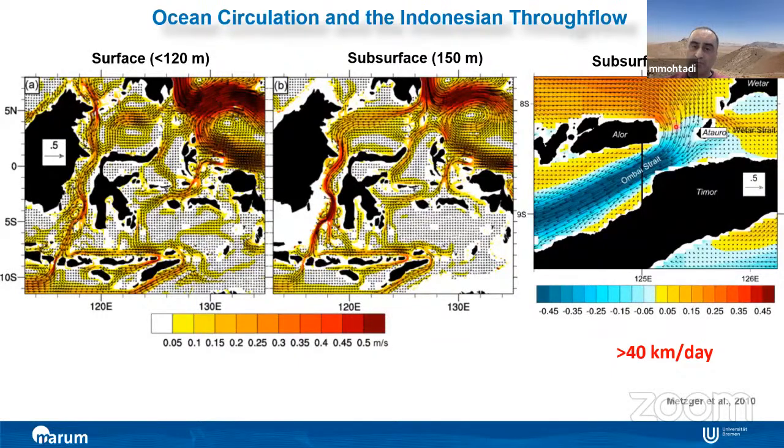That means that one water parcel entering the Halmahera Strait leaves basically the Savu Sea within 3 days. And this is important when working with plankton communities, regardless if they are planktonic foraminifera or coccolithophores or diatoms, whatever. You have to be able to distinguish between local signal and remote signal transferred by the ITF.